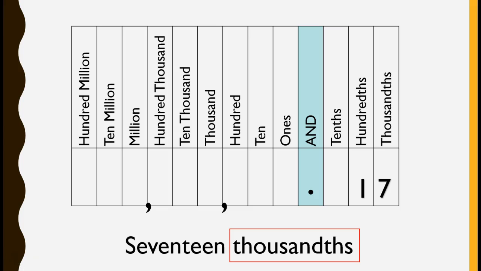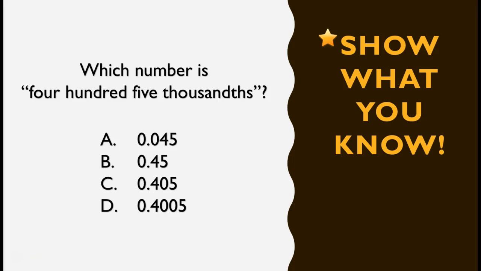I need that important placeholder right there. And that would represent 17 thousandths. Okay? All right. So now I'm going to let you have a turn. Which of these 4 numbers is 405 thousandths? What do you think?